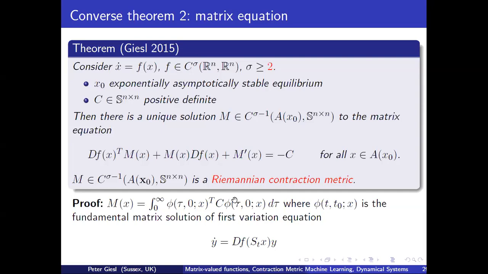So this is a matrix itself, and you can see that phi in general will have 1 degree of smoothness left because you have df here. So this is only C sigma minus 1. And the technical part of the theorem is basically to check that this is smooth enough and it satisfies this.